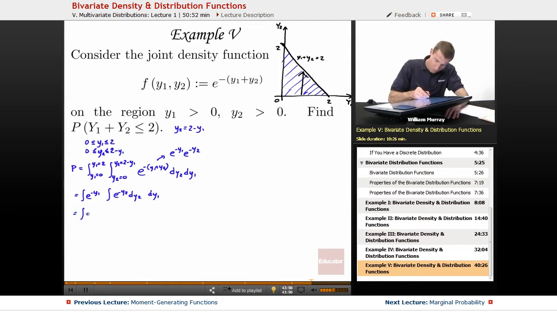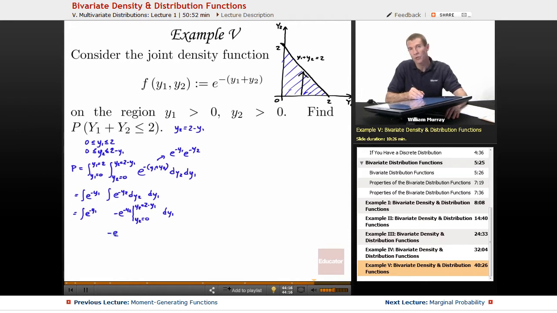So e to the negative y1. Now the integral of e to the negative y2 is negative e to the negative y2. And I need to evaluate this from y2 equals 0 to y2 is equal to 2 minus y1. And there's still a dy1 here. Now this is a little bit nasty. I got negative e to the negative y2.